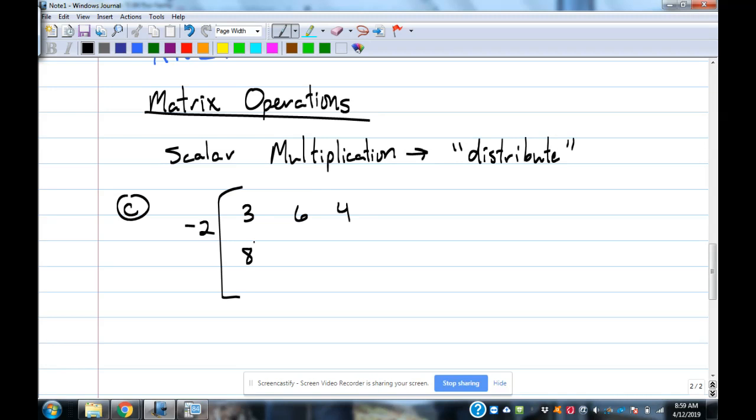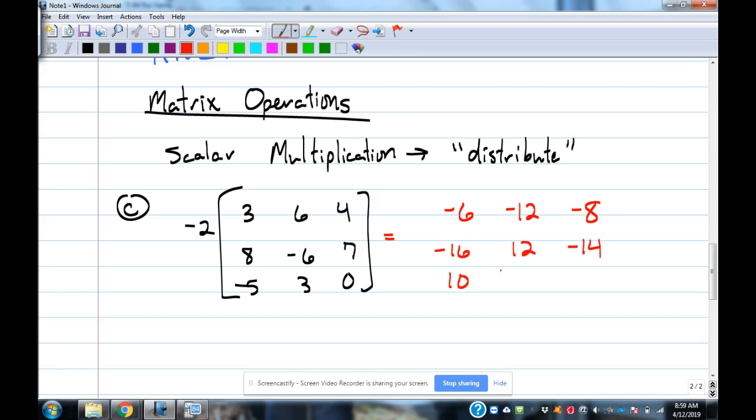There are no size restrictions for scalar multiplication. You take -2 in this case and multiply it times everything on the inside, like the distributive property. So we end up with -6, -12, -8, -16, +12, -14, 10, -6, 0.